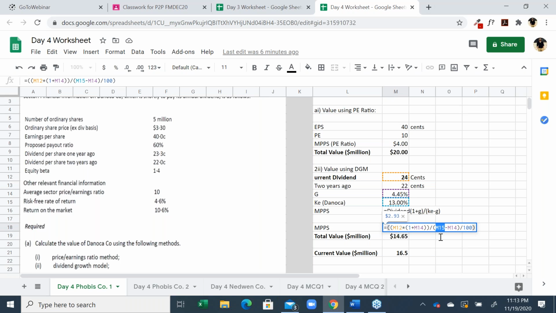Instead of writing 13%, let me write it as 18% and see whether it results in a higher price or lower price if I increase the cost of equity. Has it resulted in a higher price or lower price? Lower price, right? And let me reduce the cost of equity, let's reduce it to 10%. See, now the price has gone up.